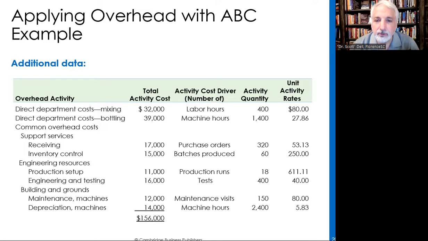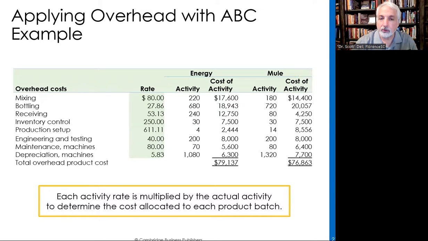So applying overhead with ABC, we've got labor hours and machine hours. We've got all these different overhead costs, and we're doing tests, machine hours, batches. We have different costs for each one of those pools that we worry about. And here's all the pools. Again, different types of activity, different rates associated with each of those.